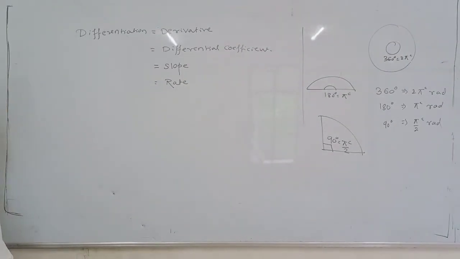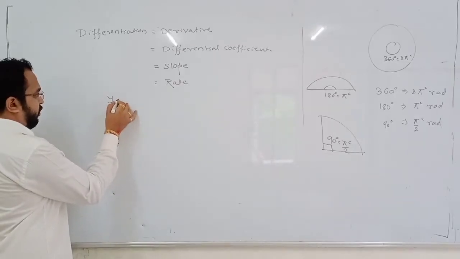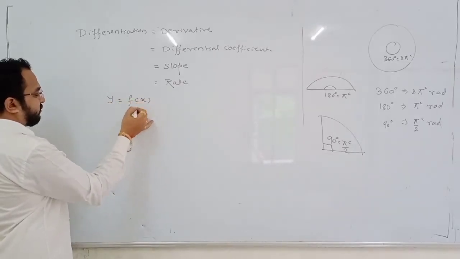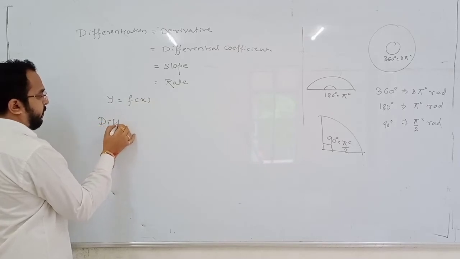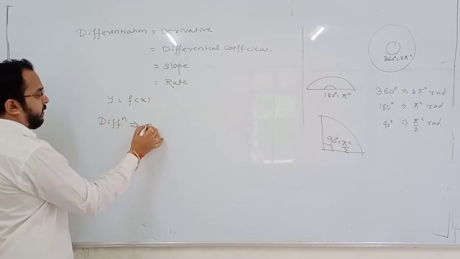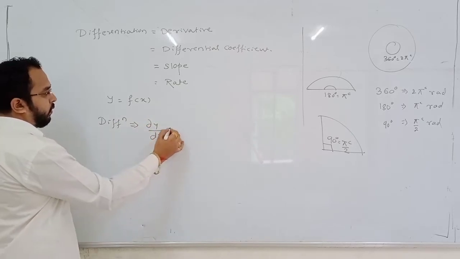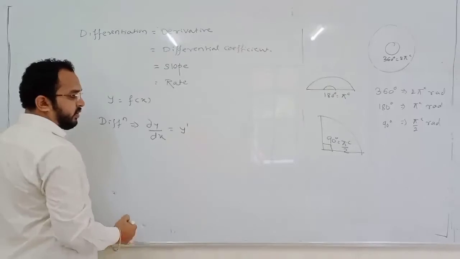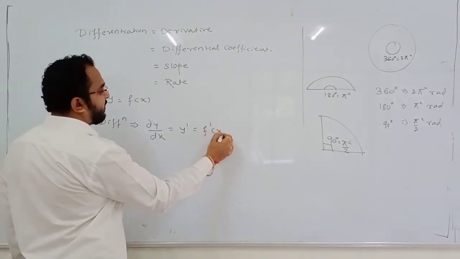Now again in symbolic form, suppose y is equal to f of x is given. Now what to do for differentiation? Its differentiation we can write as dy by dx, we can also say y dash, or f dash of x.